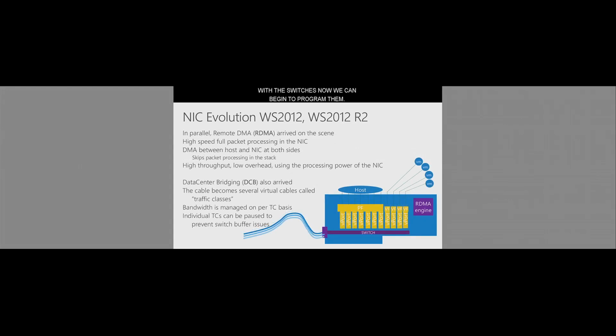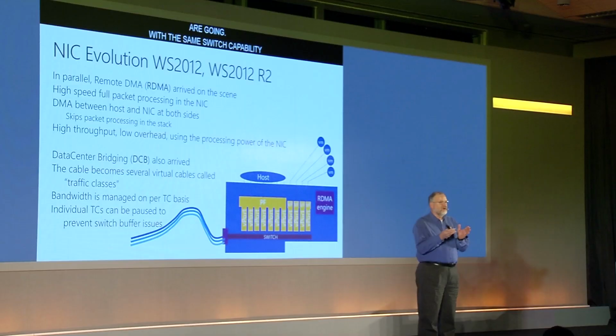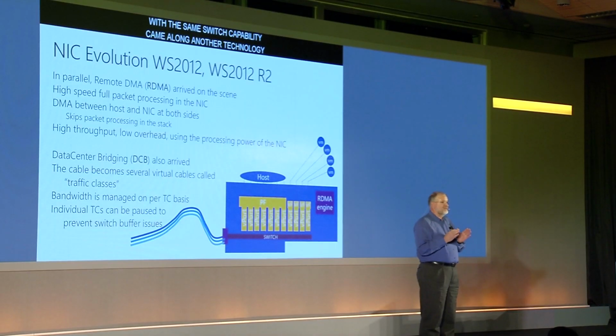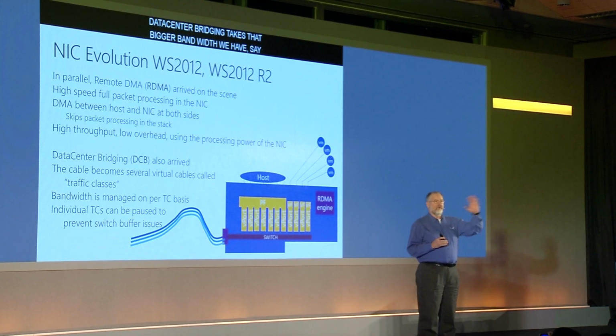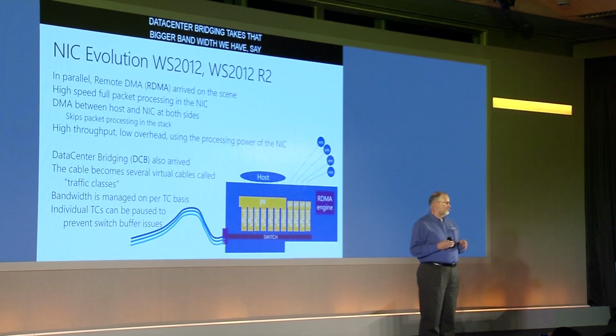With this same switch capability came along another technology that we referenced earlier, data center bridging. Data center bridging takes that bigger bandwidth that we've got now, say 10 gigabit per second bandwidth, and says, I want to make it into a multi-lane highway. I want one lane for trucks, one lane for buses, one lane for taxi cabs, and one lane for everybody else.